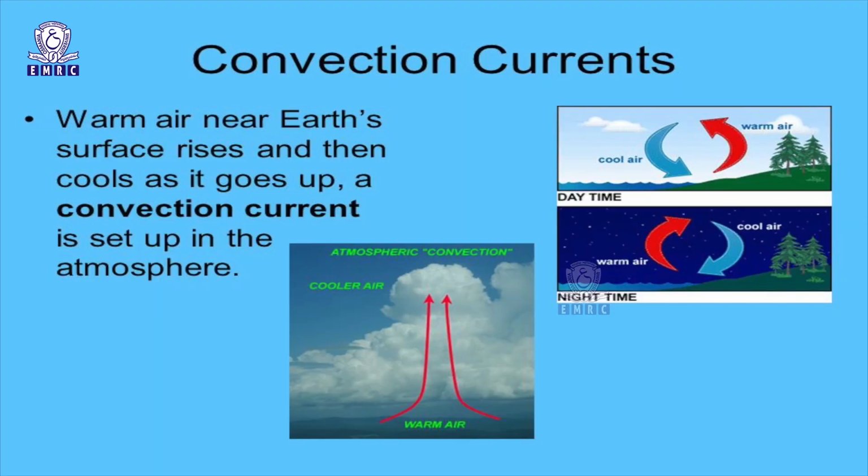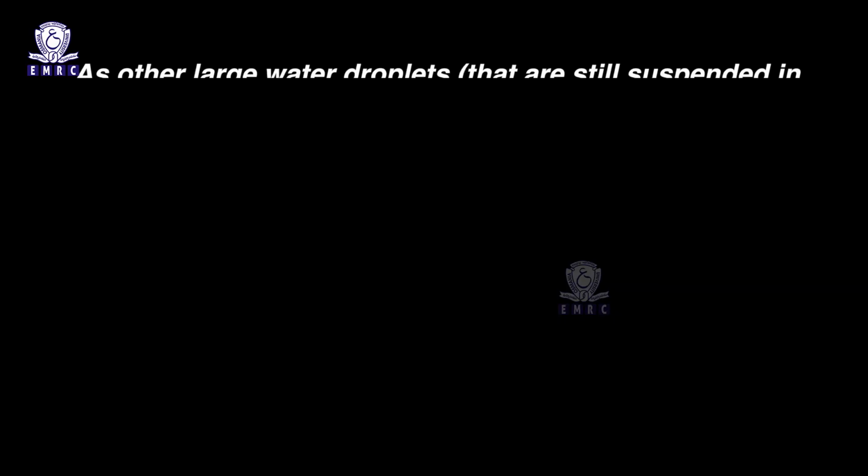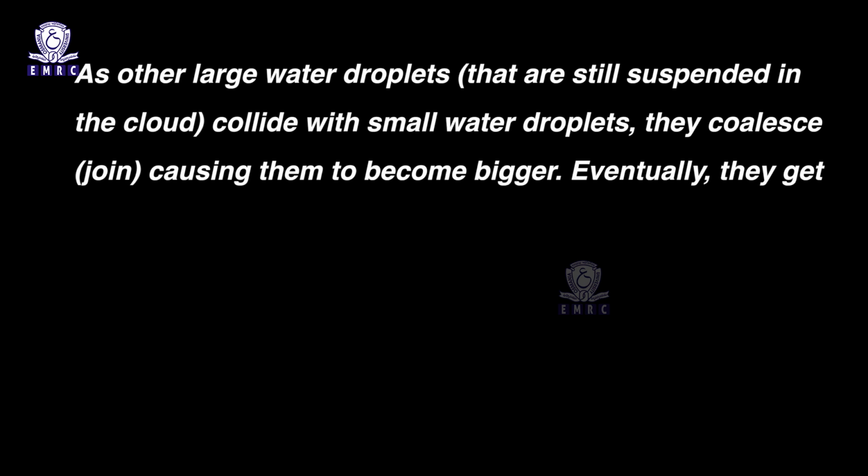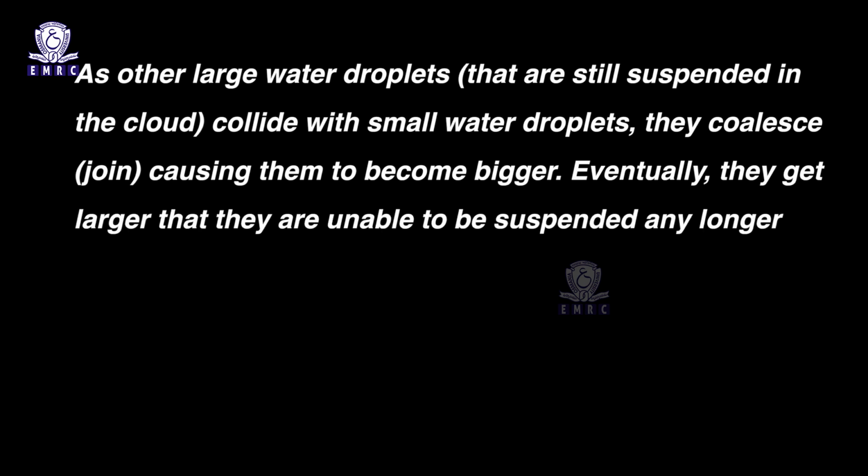This theory explains that water droplets, big and small, in the cloud collide against each other, caused by the convectional currents in the cloud. The initial small droplets are not dropped but kept suspended in the cloud until they are large enough to be dropped. As other large water droplets that are still suspended in the cloud collide with small water droplets, they coalesce or join, causing them to become bigger.